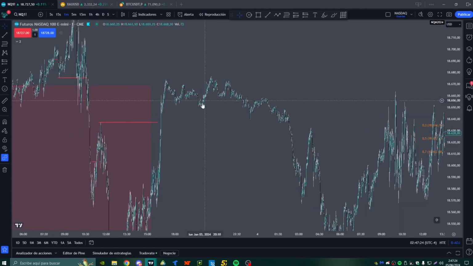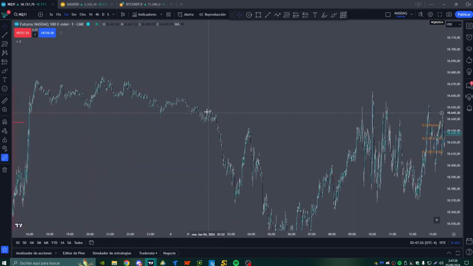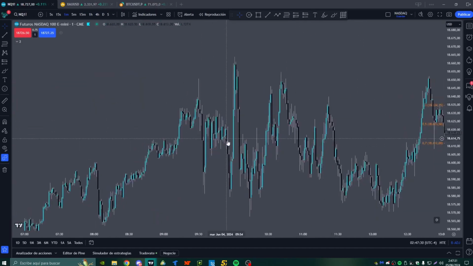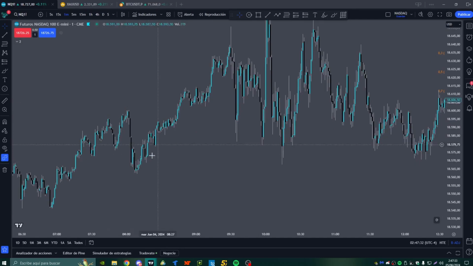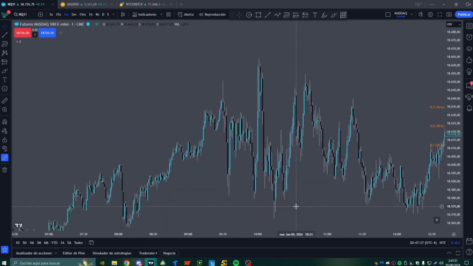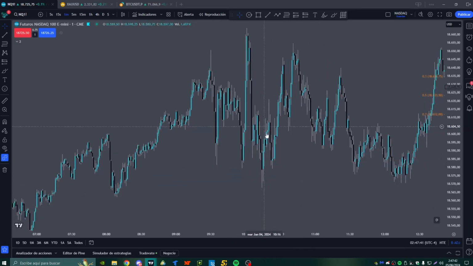It hadn't touched this yet, but the valid area that we saw at the beginning of the review fails to do that, and it starts from another area and takes out the high. And again at this point, I should at least say, well, this is in a range.